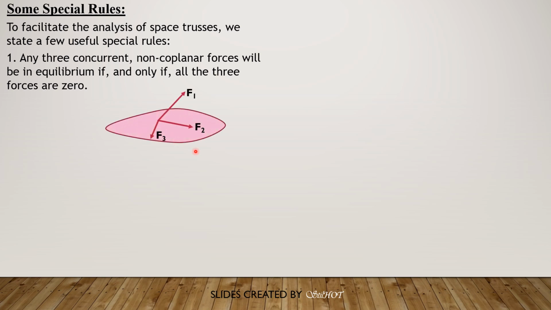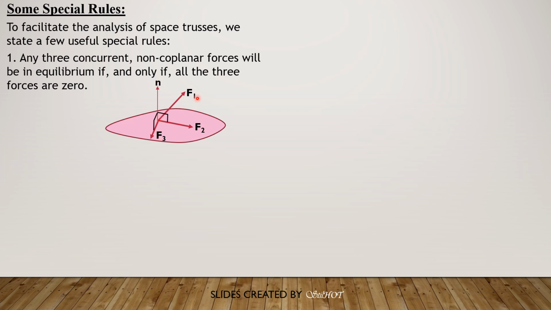The proof is you can orient the three concurrent non-coplanar forces in such a way that two of them will be coplanar. So in this case, N is the axis perpendicular to the plane of F2 and F3. Therefore, summing forces in the normal direction, F1 has a component in the direction of the normal axis, while F2 and F3 have no components in the normal axis.